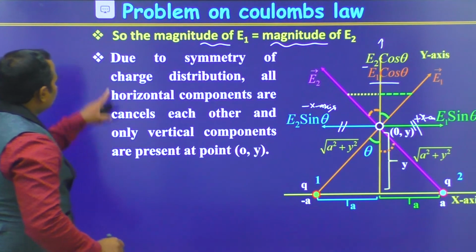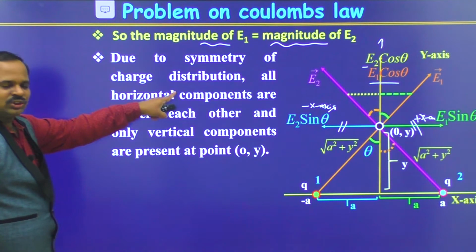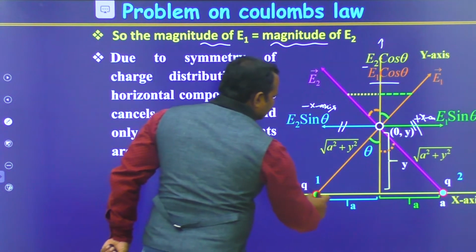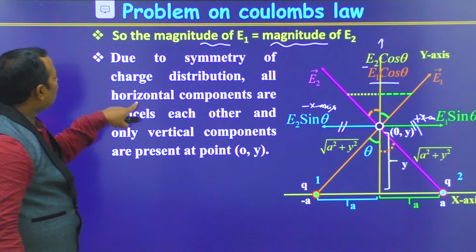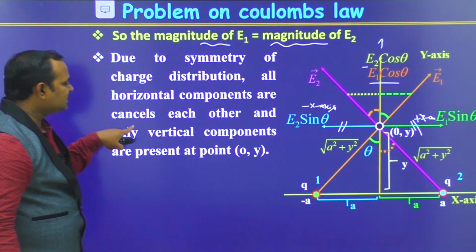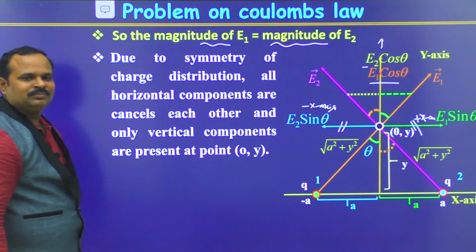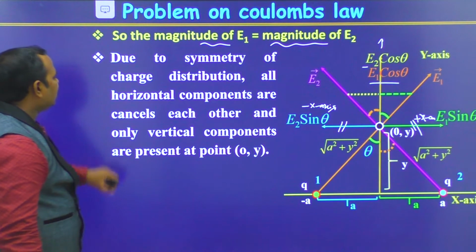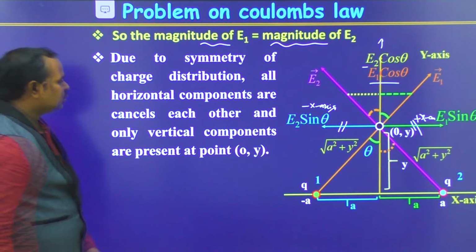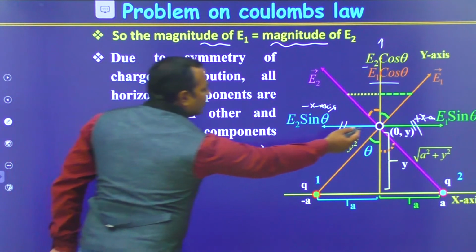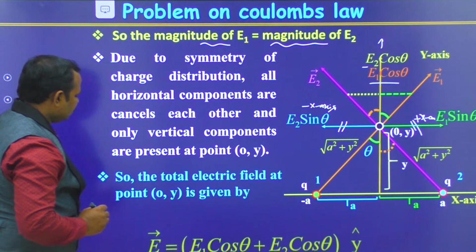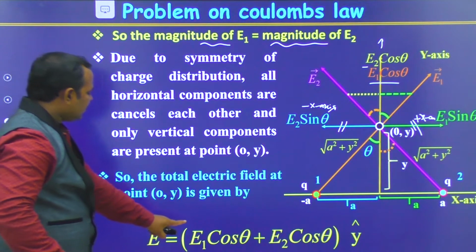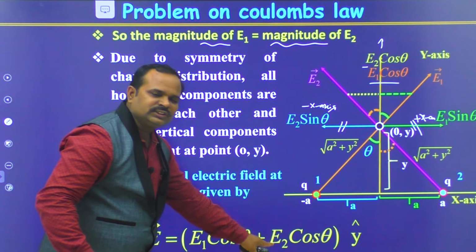So due to the symmetry of charge distribution, that means both charges are at the same distance from the origin, all the horizontal components of the electric fields cancel each other, and the remaining is only vertical components. So the total electric field at this point Y can now be written: E bar is equal to E1 cos theta plus E2 cos theta.